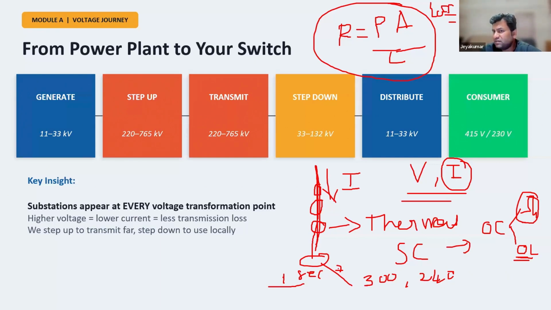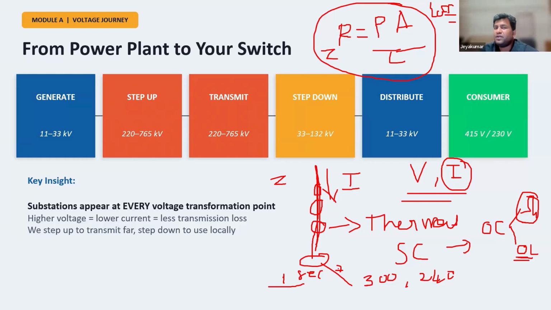Because the more current, every conductor has an impedance. Why I am putting R: when it comes to AC voltage, we combine resistance and reactance, right? So that means it becomes an impedance.